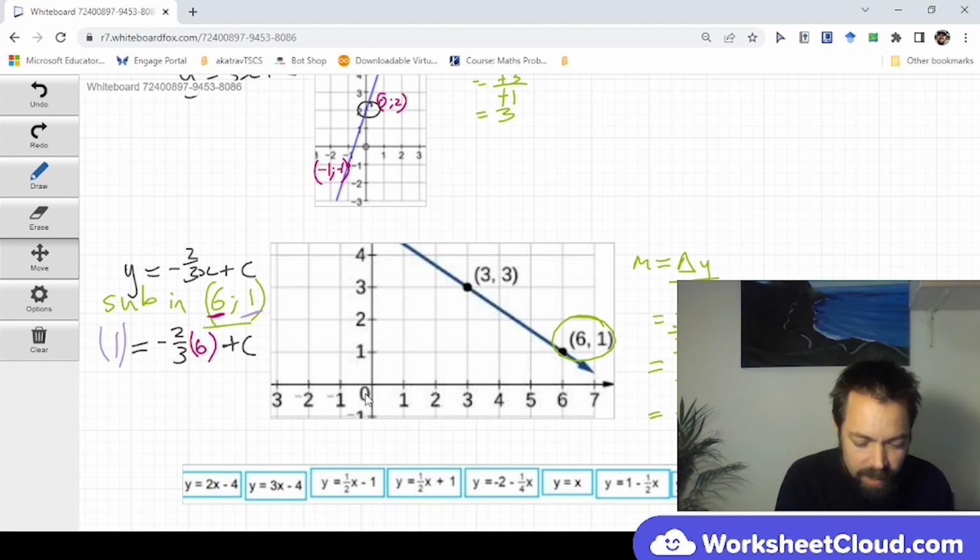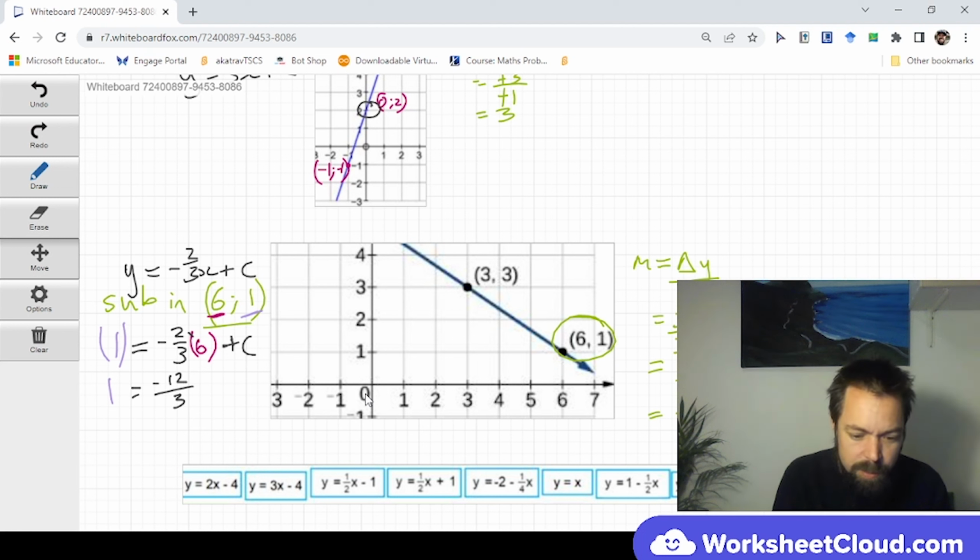Okay, let's now solve this. Let's multiply out first. So we've still got a 1 equals minus 12 over 3, so what I'm doing is I'm saying 2 times 6 is 12. I can do this in one step, but I'm going to do it in two.